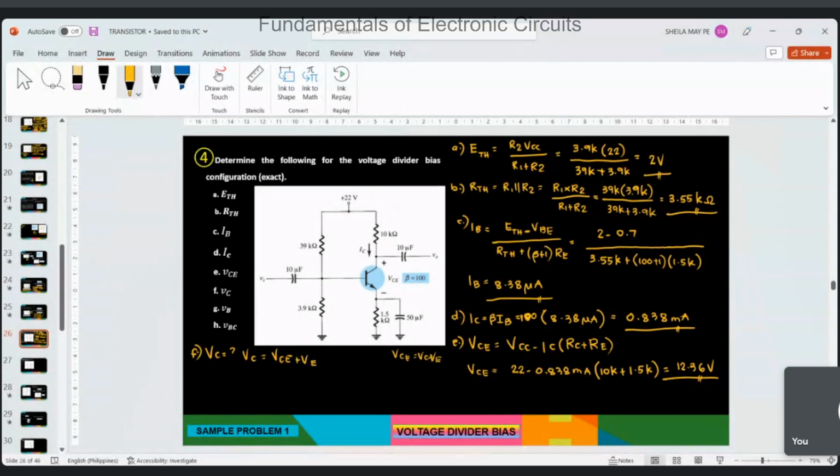So VCC minus ICRC minus VC equals 0. Let's try if they have the same. Let's try this one, the loop.